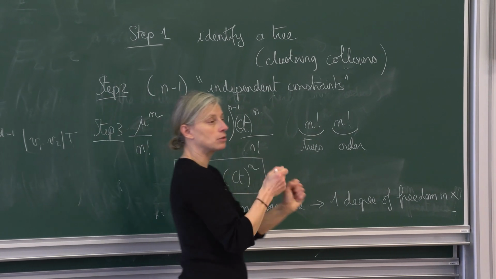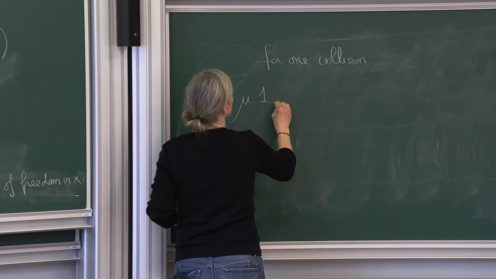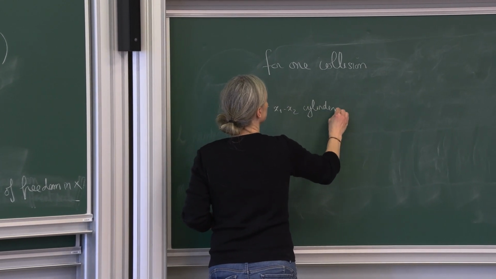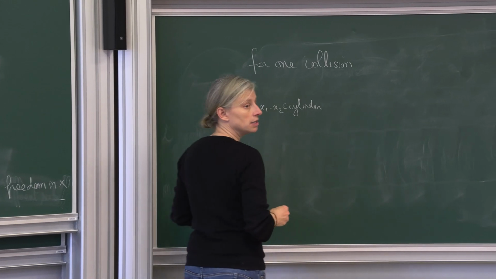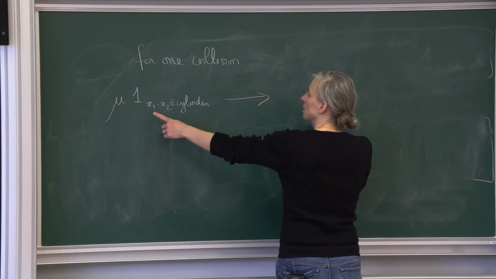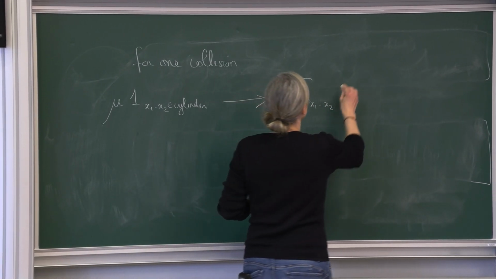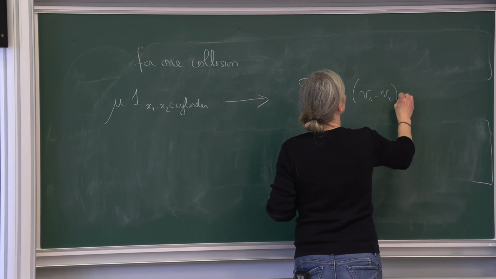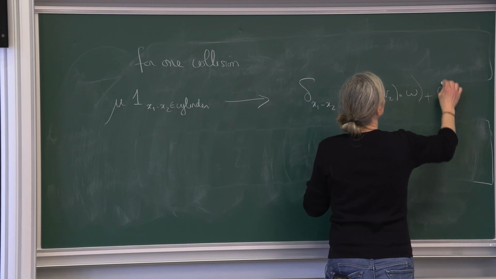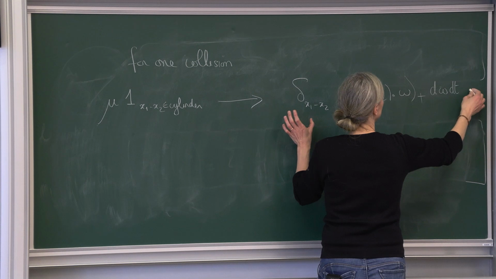So mu times the fact that x1 minus x2 is in a cylinder, such that you will have a collision, will converge to a singular measure, which is a Dirac in x1 minus x2. And then you have this v1 minus v2 dot omega plus, and you have the d omega, dt, and dv2.